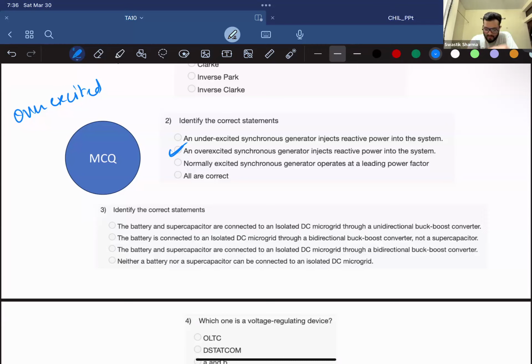You would connect it using a bidirectional converter, right? B. Okay, so you're saying only the battery needs a bidirectional converter, not the supercapacitor.